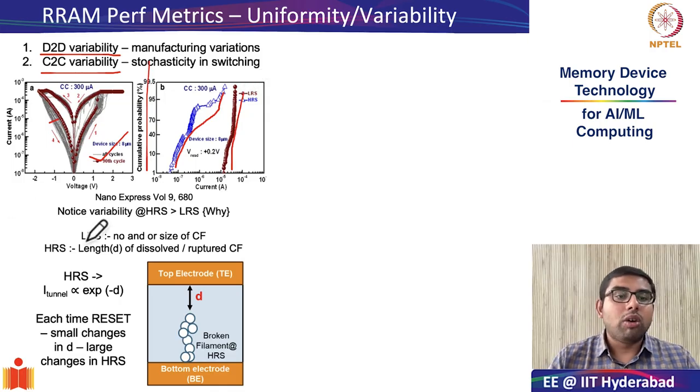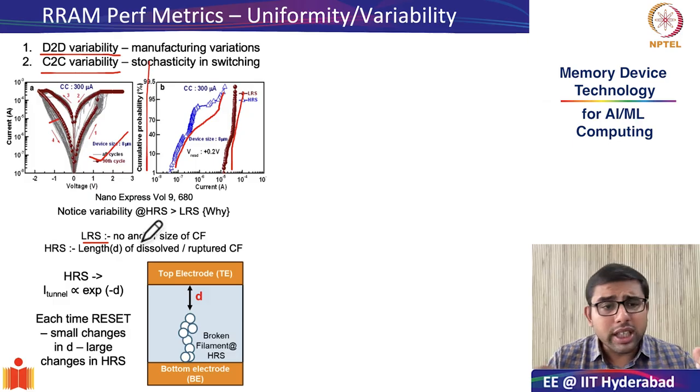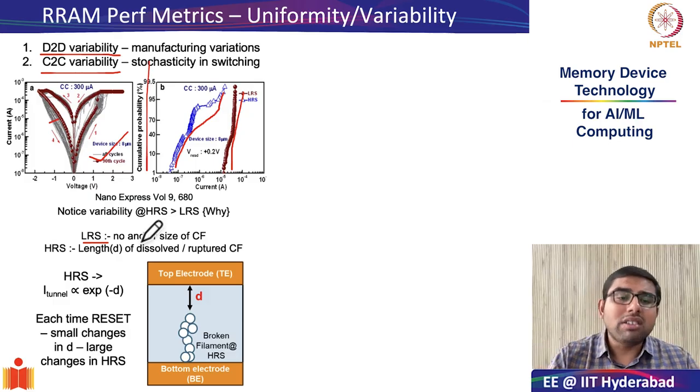For LRS, what causes variability from cycle to cycle is that the number and the size of the filaments can be different from one cycle to the other. So since in low resistance state, it is more like ohmic conduction, even if the number or size changes by a few percentages here and there, it will not result in a lot of change in the cycle to cycle behavior.